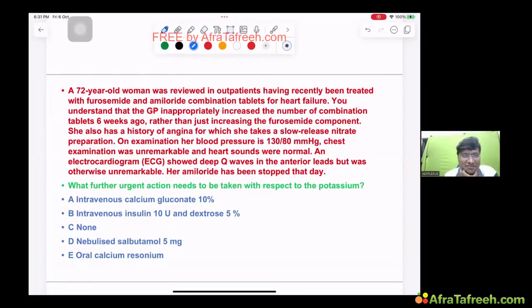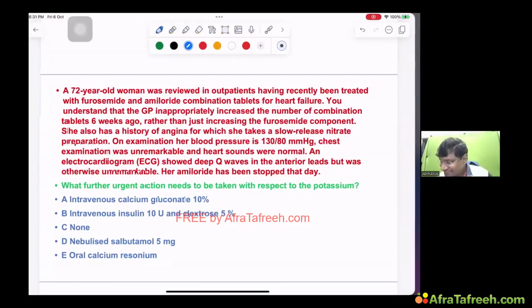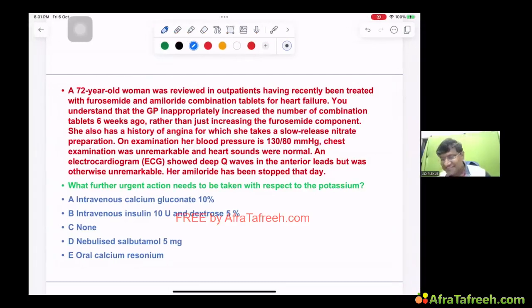Yes, Jacob, you want to give calcium gluconate. Okay, fine. Right. So Vinita is very clever, right? Vinita, you have opted for none. Why? Right, because there's hypokalemia in this patient. Why is there hypokalemia? Is there any point suggestive of hypokalemia?